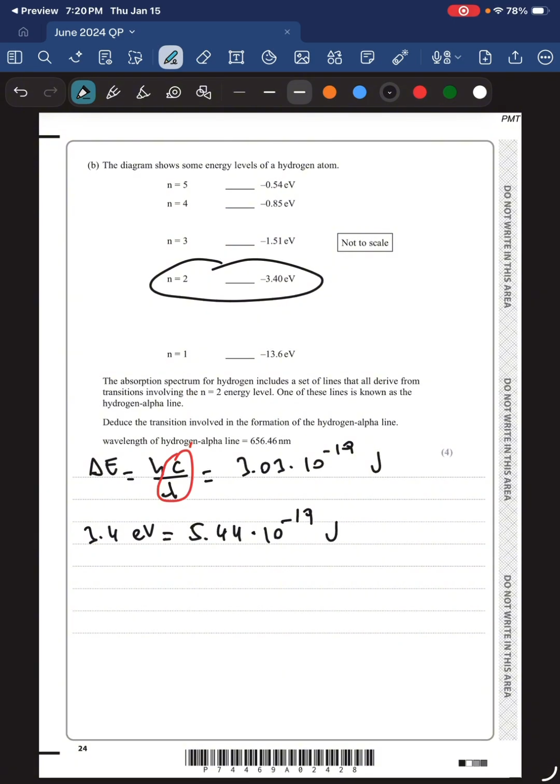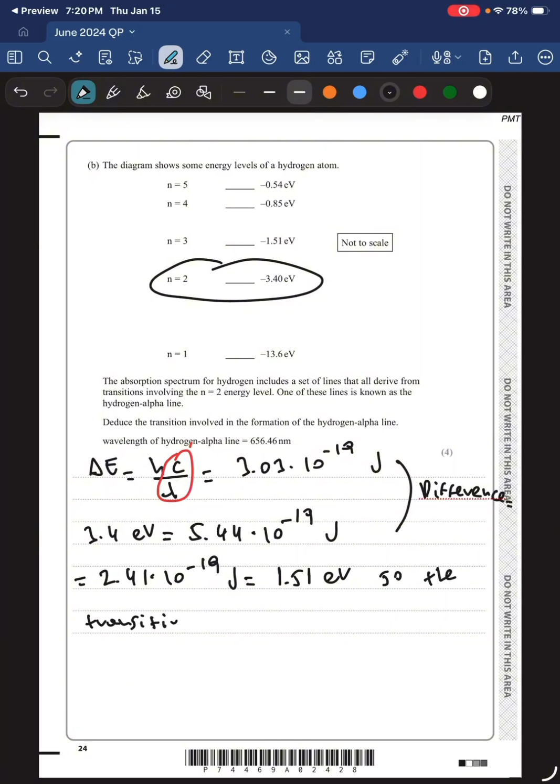All right, so I guess the difference between these two is equal to 2.41 times 10 to the negative 19 joules, which is 1.51 electron volts. So the transition was from level 3, from n equals 3.